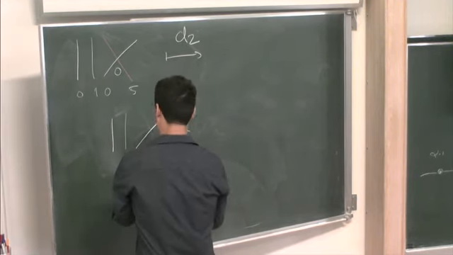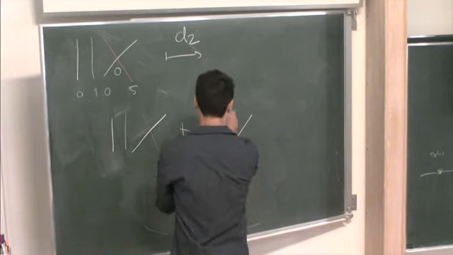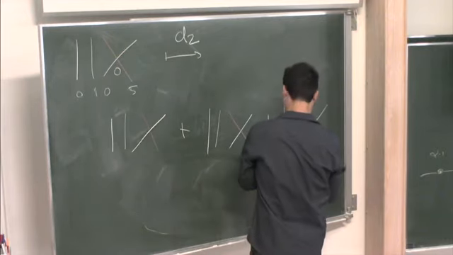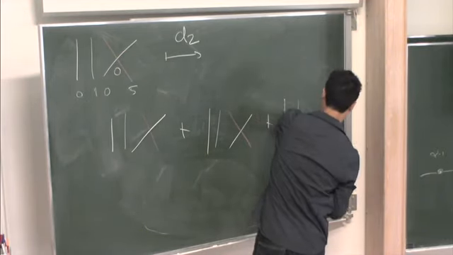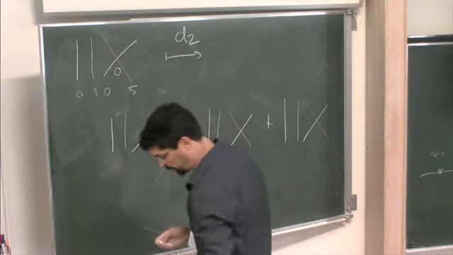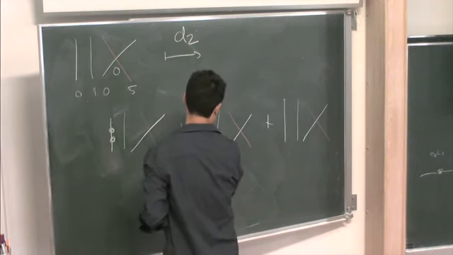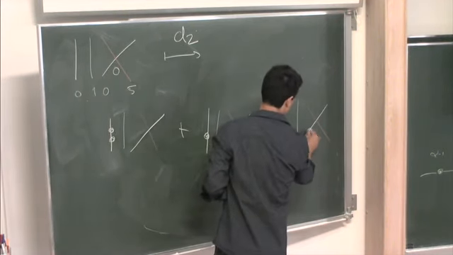Let me just draw it. First terms are 2 dots here, a dot here, a dot there, 2 dots there.